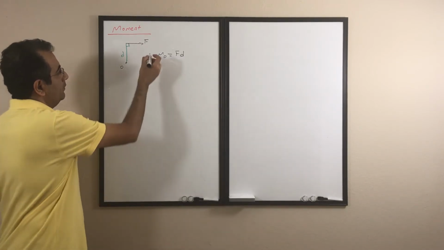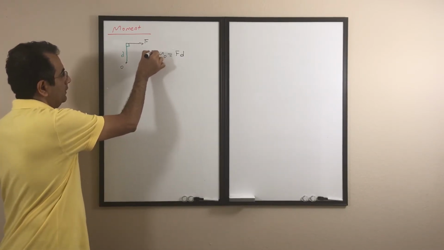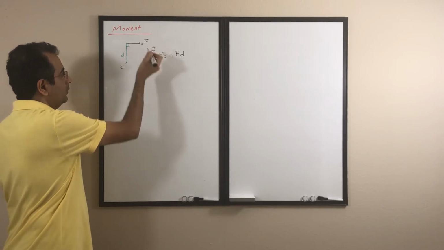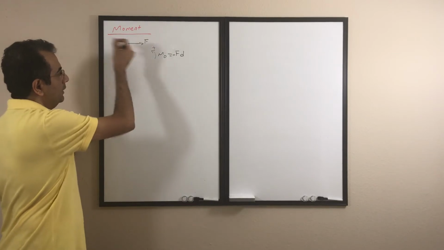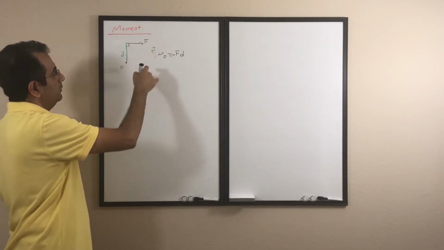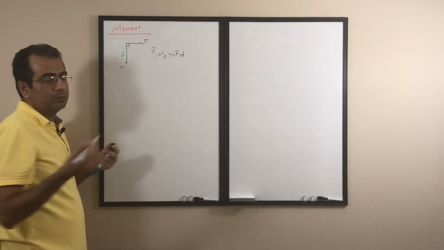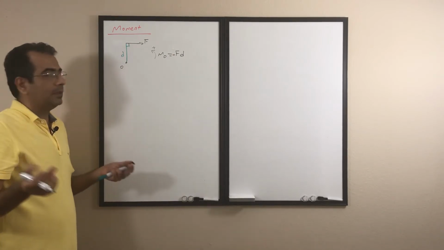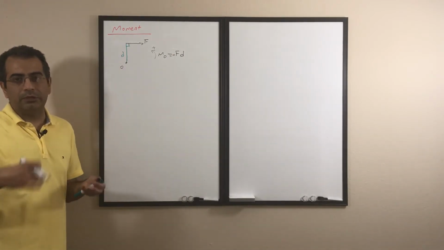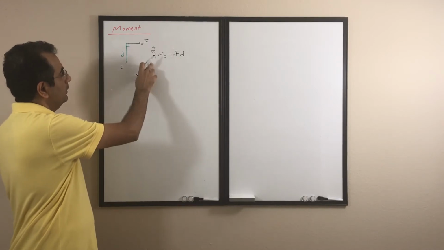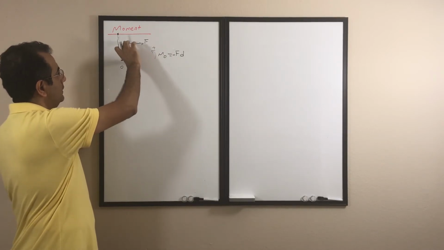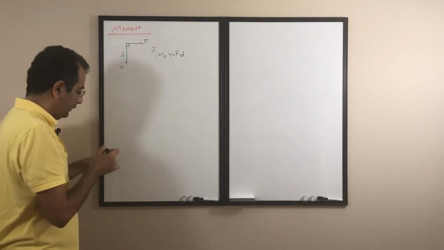To make sure that everyone understands, I will put the sign here: counterclockwise is positive. So this one is negative because it's rotating clockwise. We just assume that counterclockwise is positive. You can use the other way and consider clockwise positive.